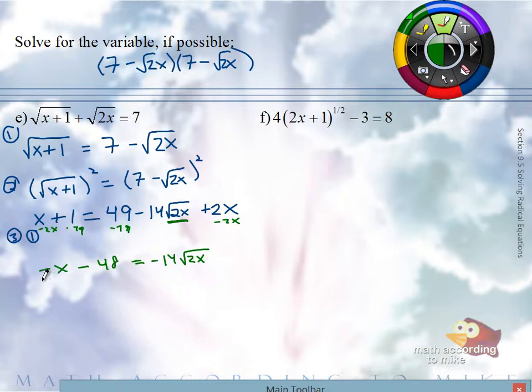Notice all the coefficients are what? Negative. If we multiply both sides by negative 1, at least it makes it quasi-nicer. Quasi is a technical term. And I'm just going to suggest we keep the 14 where it is to avoid fractions.